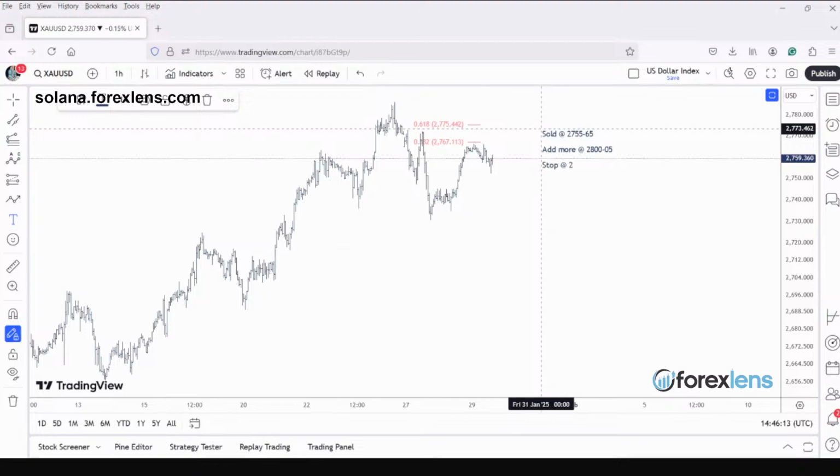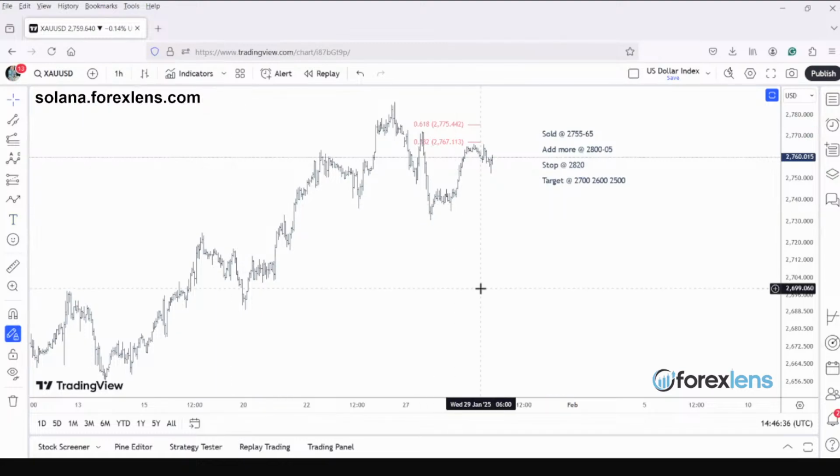Stop around 2820, just above that particular swing high that we are expecting, and target, we can then expect a corrective or a sharp reversal or decline, back towards 2726 and 2500.